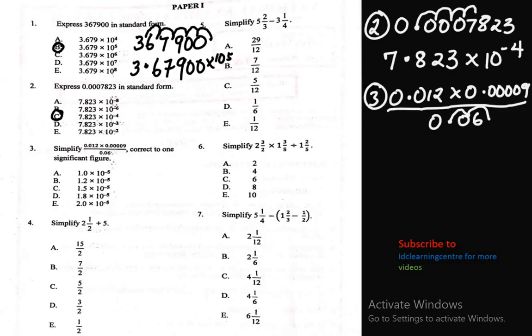So 6 stands alone now as a whole number. So we must also move the numerator 2 places, because in mathematics, whatever you do to one side, you must do the same to the other side.